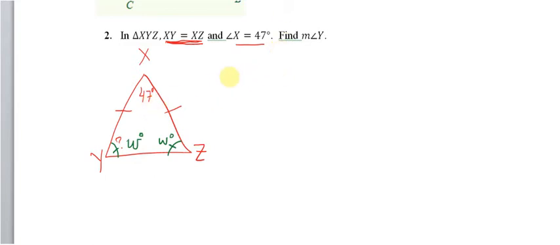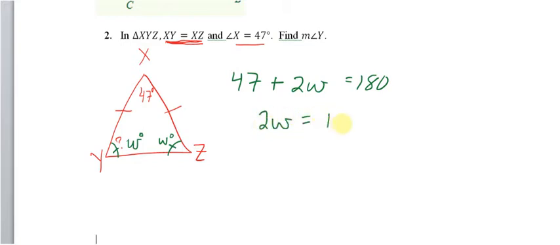We know that the three angles add up to 180 degrees. So I have 47 plus w and w, so 47 plus 2w is equal to 180 degrees. Subtract 47 from both sides and we get 2w is equal to 133.